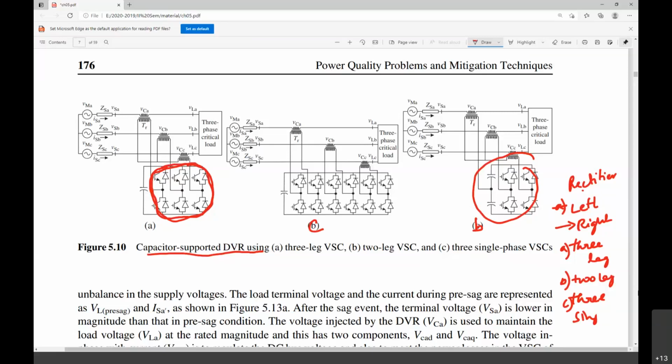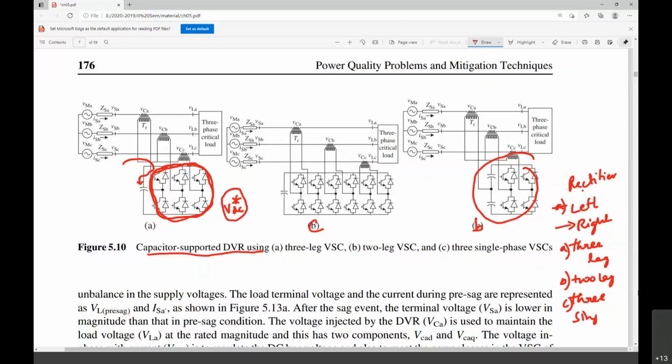Why? Because we need to charge the capacitor from this. We need to fix the reference value of VDC in order to charge the capacitor. In the earlier cases of the rectifier supported or the battery energy storage system, there is no such VDC star.